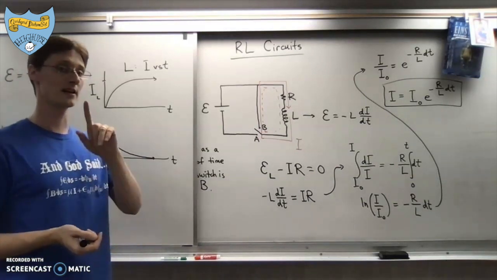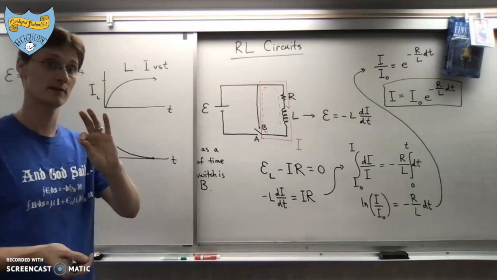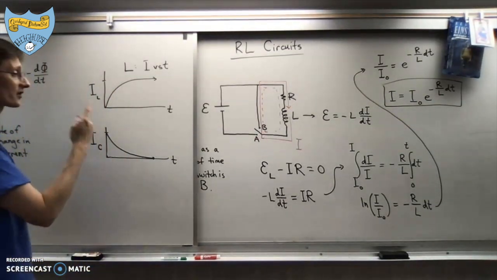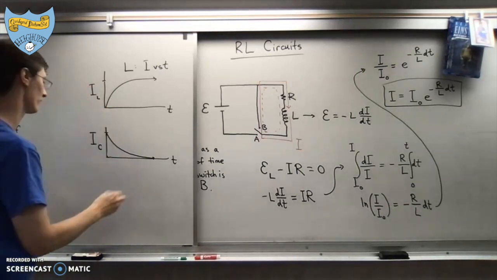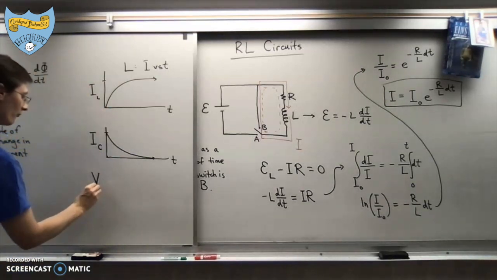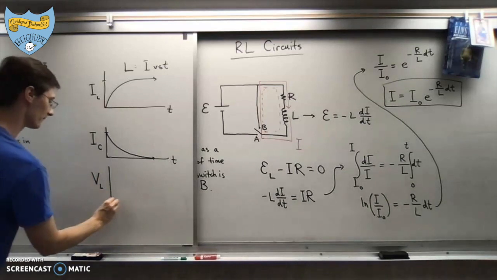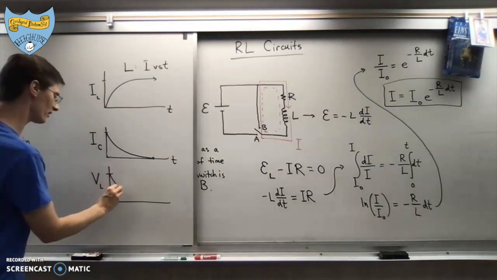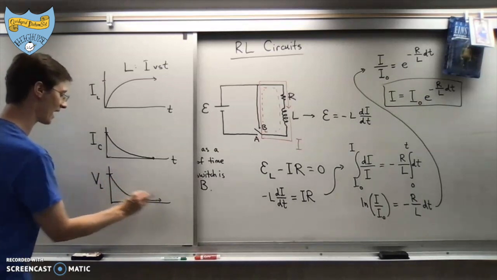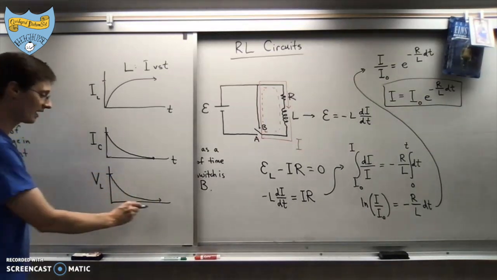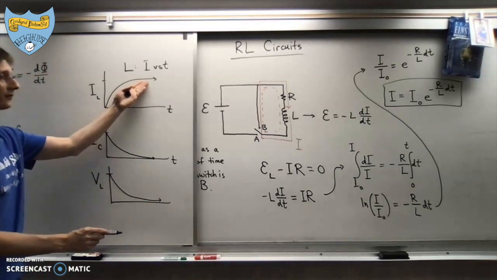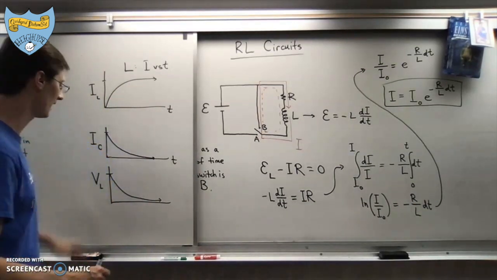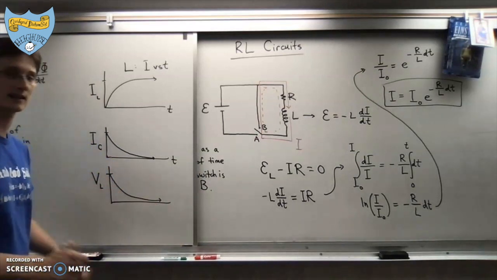For that matter, if I made a graph of volts as a function of time, those would also be opposites for these two things. If I say volts on the inductor, initially the inductor is like, no current, please, and so it pushes back really hard with a lot of volts. However, a long time later, when we've reached the steady state, it doesn't do anything.